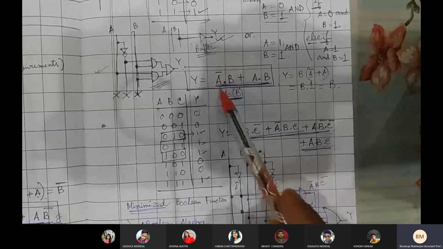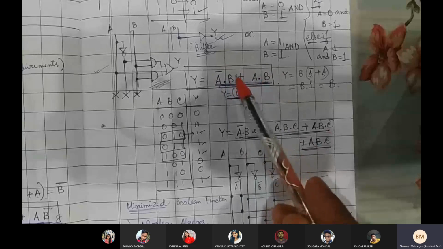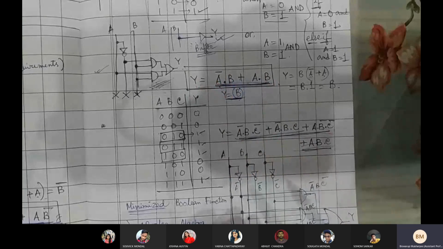This is a product term. This is another product term which has been ORed or summed. So this sort of expression is called sum of products.